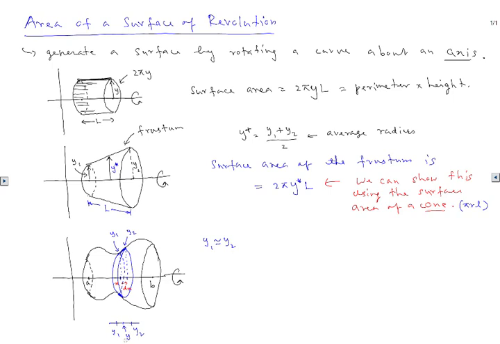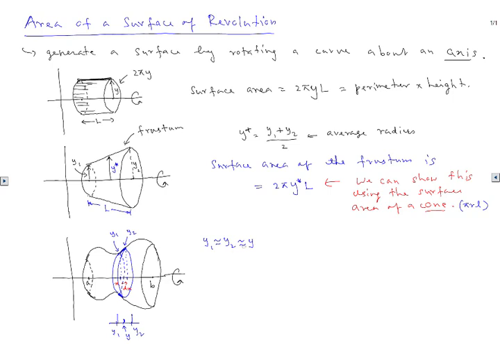That y corresponds to x. So you can have y and then y plus delta y. We have y1 sitting here, that's the first radius, the second radius, and y is the middle average radius. If they are close to each other, then you can say it's close to y.